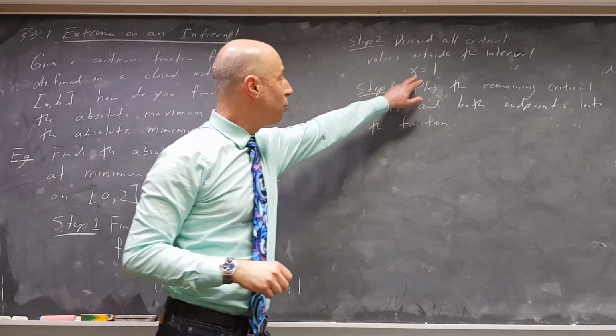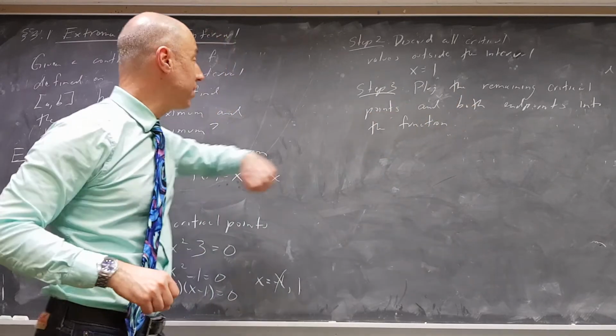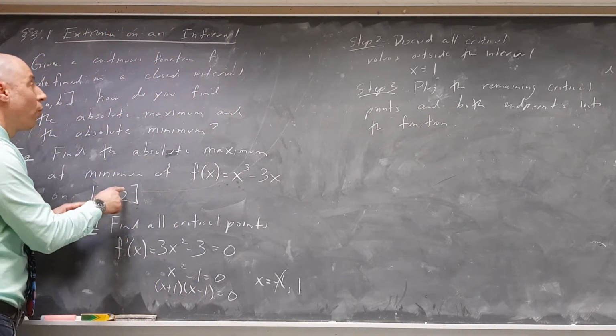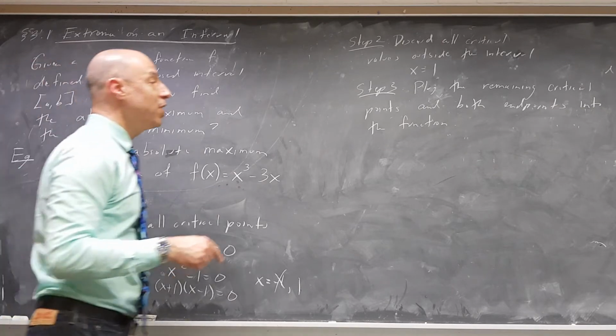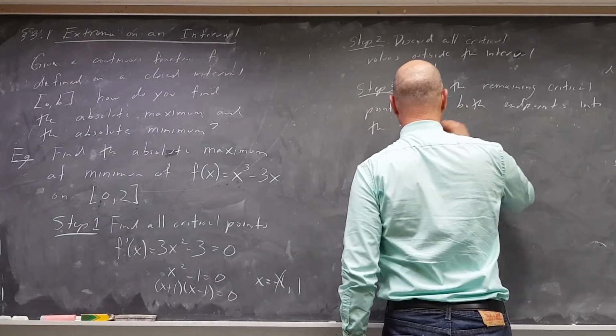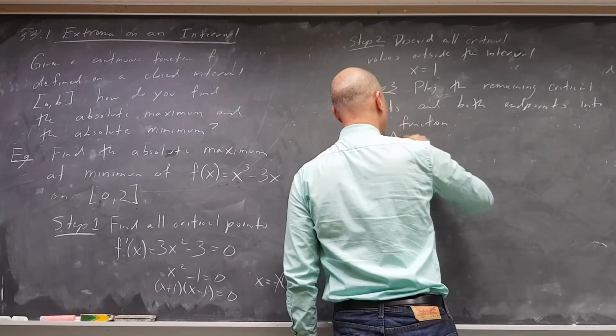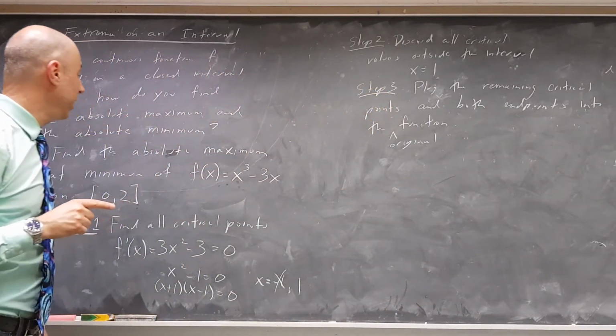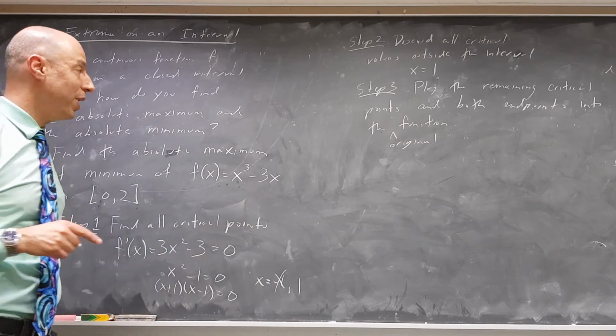So we have one critical point which is in the interval, and we have two endpoints. We're going to plug all three of them into the original function, not into the derivative, into the original function, f of x equals x cubed minus 3x.